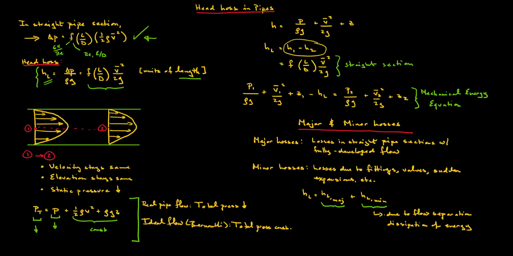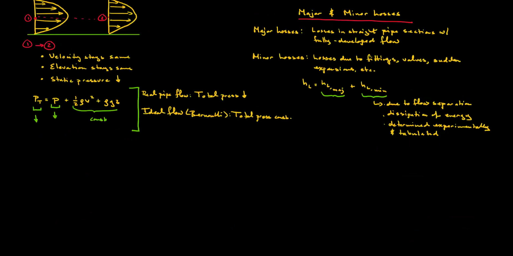And we can also say that it is determined experimentally and tabulated. So these minor losses are characterized by what we called loss coefficients.